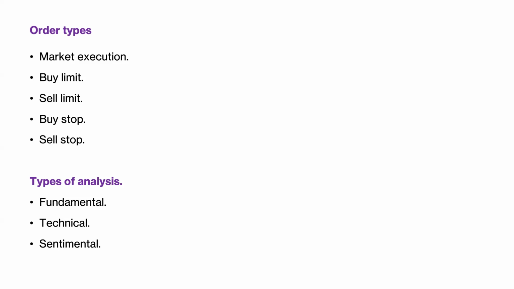Technical analysis is simply the use of chart patterns, support and resistance zones, order blocks, indicators, and so many others. There are so many technical analysis tools that traders use.